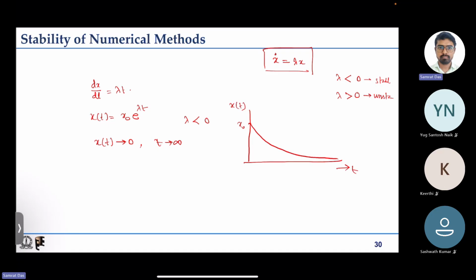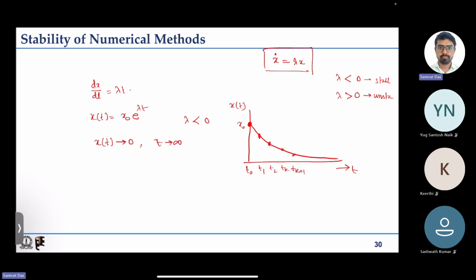Now for discrete time, you will not solve for all the time values, but you will solve for some initial instance, say t0, then you will solve for t1, t2, like this tk plus 1.